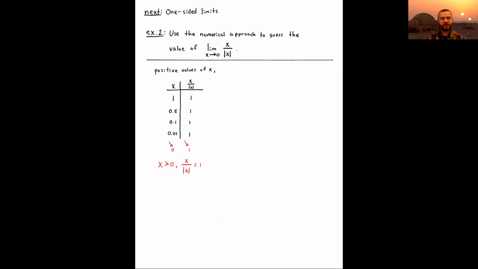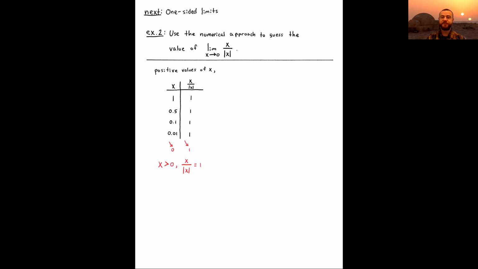All right, and this actually isn't that bad because every single value for x that you plug in, 1, 0.5, 0.1, 0.01, we get for our output, or function value here, 1. Notice why that is. When x is positive, the absolute value of a positive number is just that number. So this function is basically a number divided by itself.